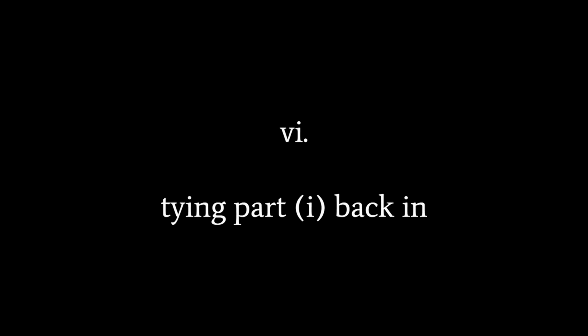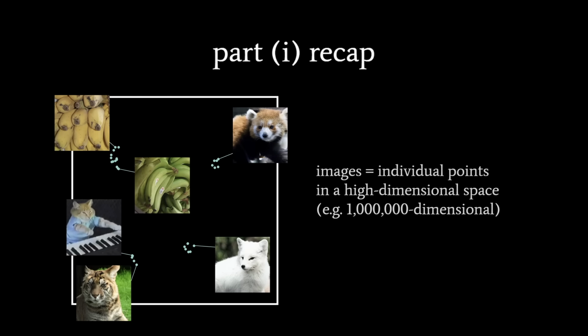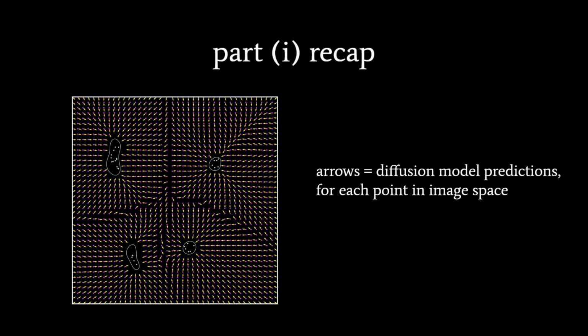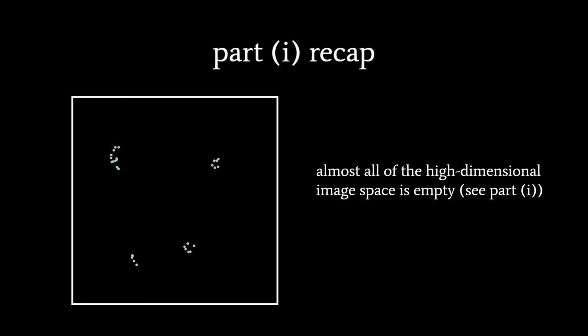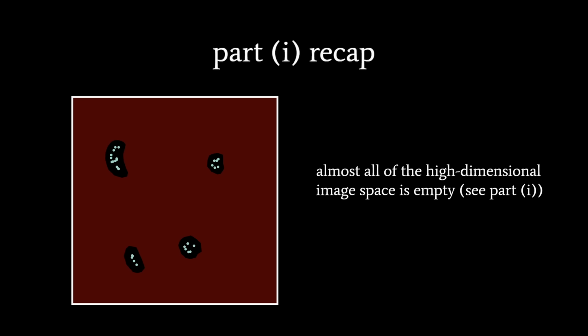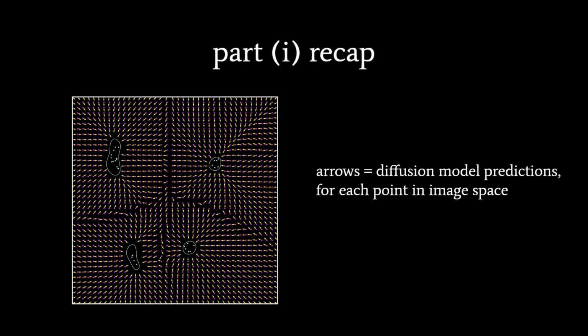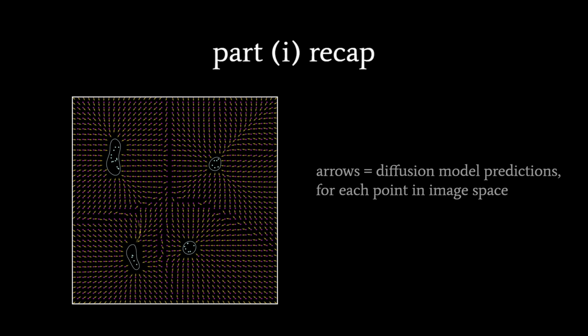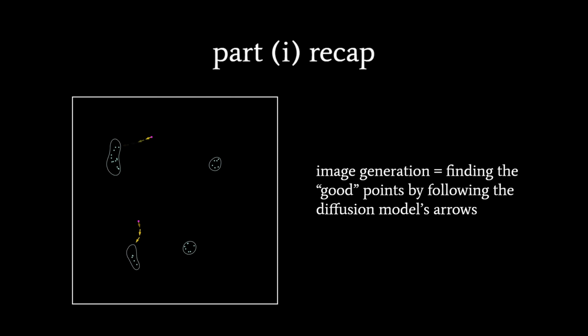In part 1, I framed diffusion models as a certain type of navigator of image space. Starting from any point in the space of all possible images, diffusion models learn the direction that points to the closest cluster of good images in the million-dimensional sea of nothingness that is image space. If you have this navigator, you can generate images by starting at a random location in image space, then repeatedly taking small steps towards a good image by following the directions that the diffusion model gives you.